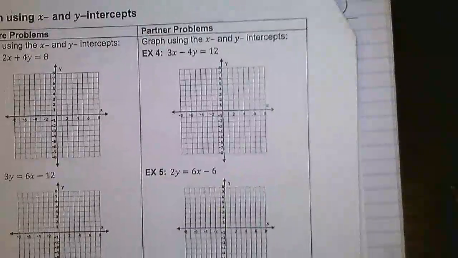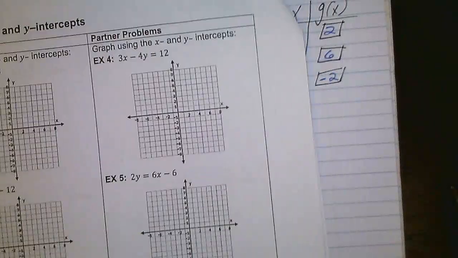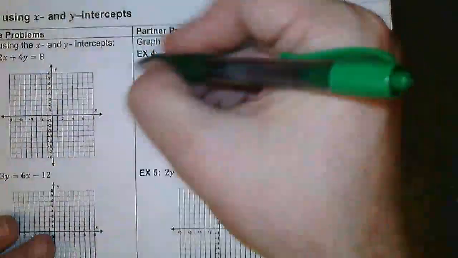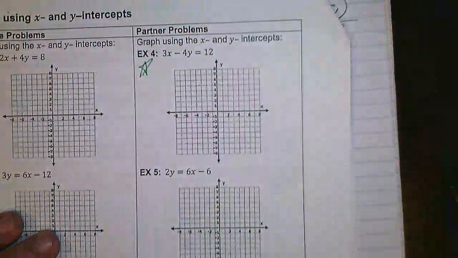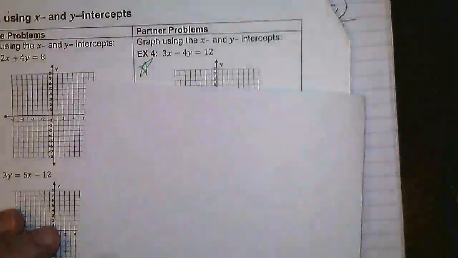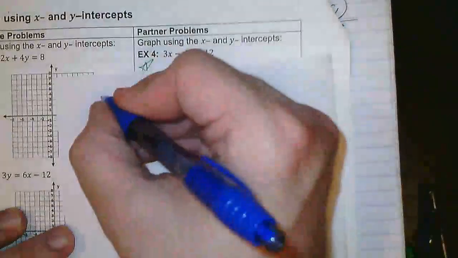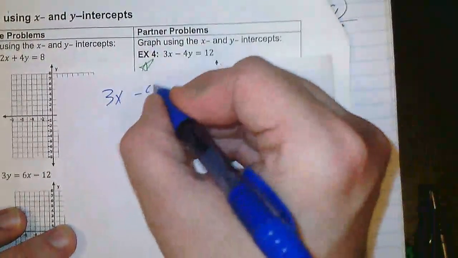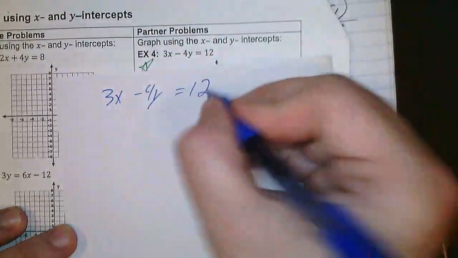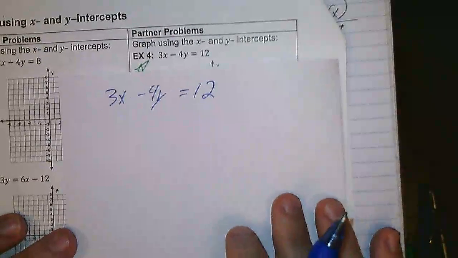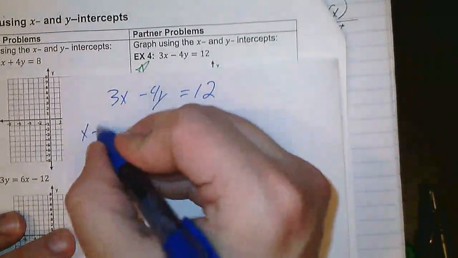Let's look at actually graphing using intercepts. So this is page 11, example 4. This is a good problem here. So we have 3x minus 4y equals 12. I want to first find my x-intercept.